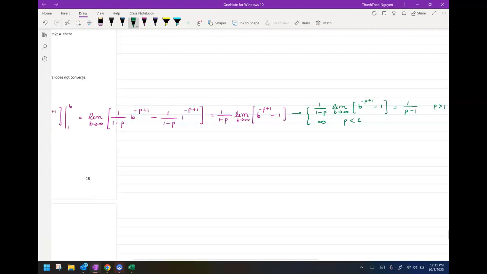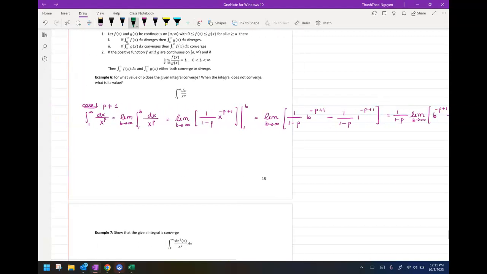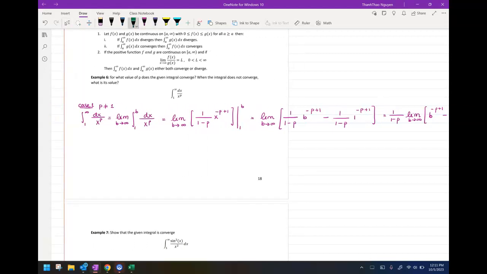Okay, so then I can say that this integral here converges when p is greater than 1 and diverges when p is less than 1.